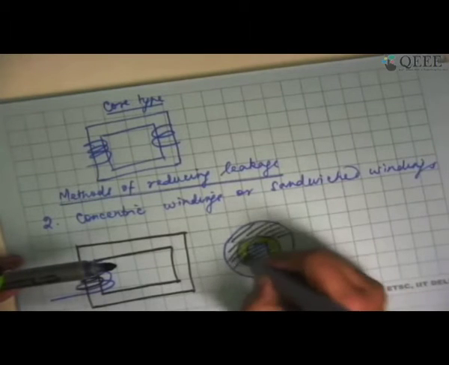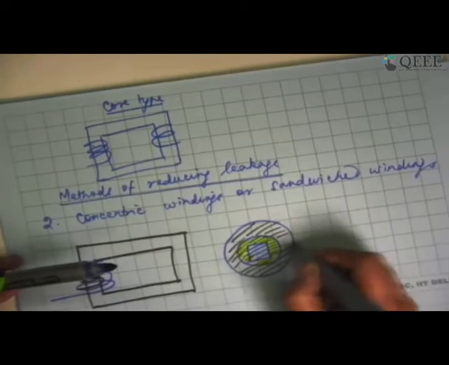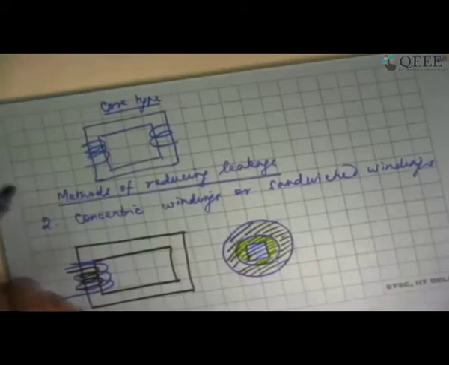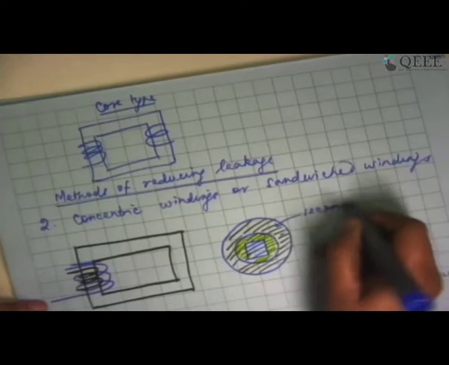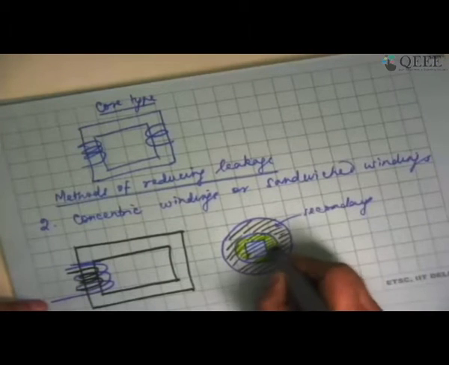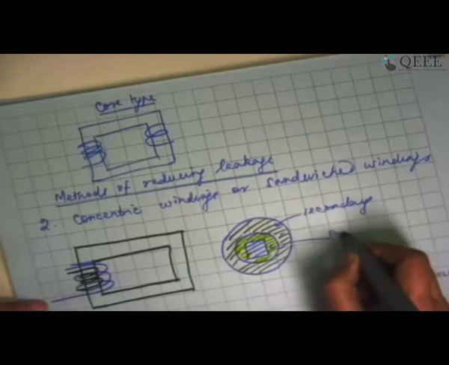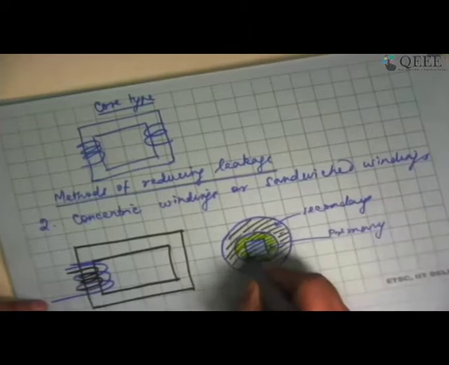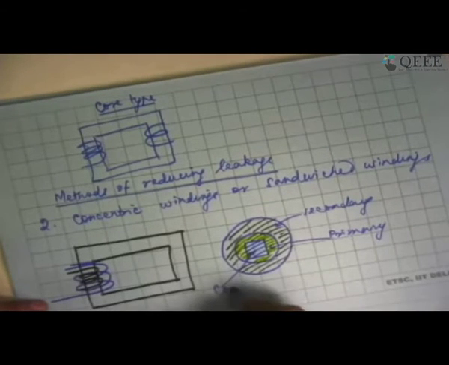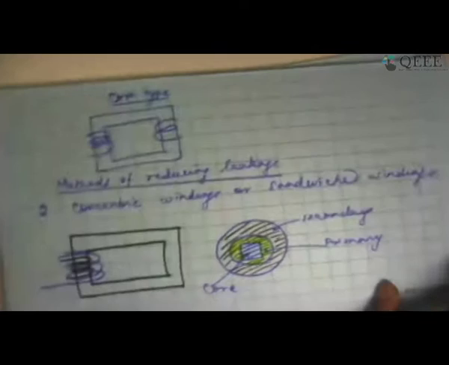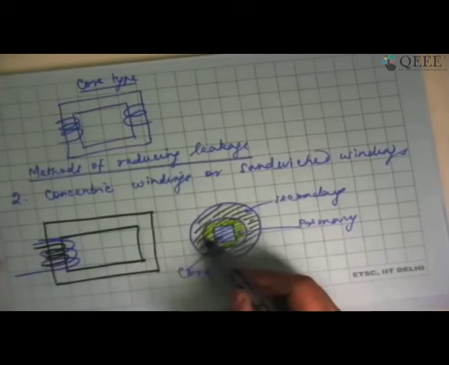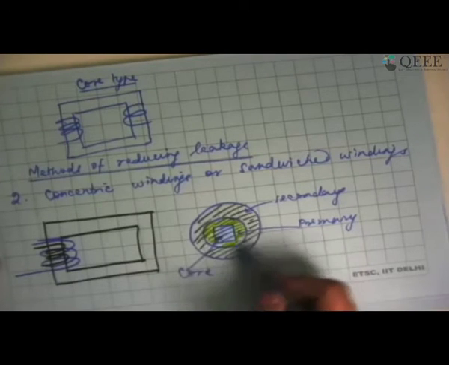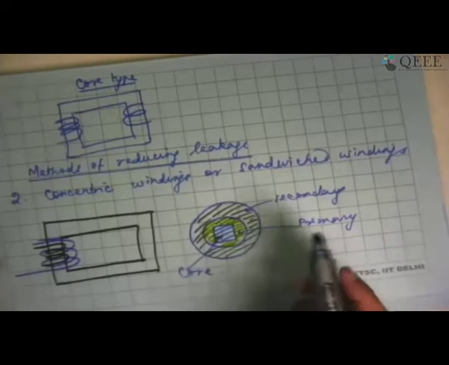The black one, let me say, is the secondary winding. So this is secondary and this is primary, and this is the core. This is how the windings are going to be arranged. This is why we call it concentric winding. One circle inside is primary, the other circle is secondary.